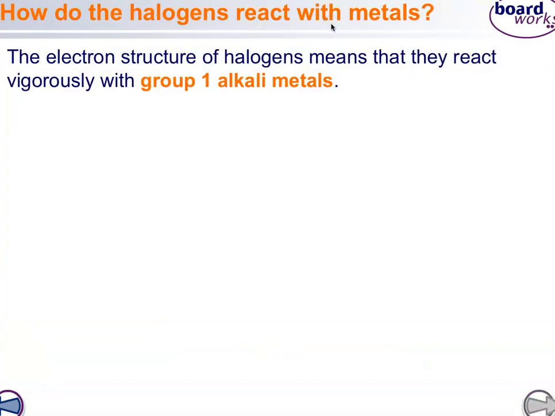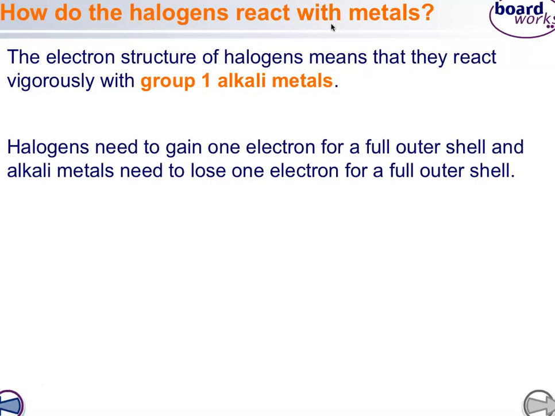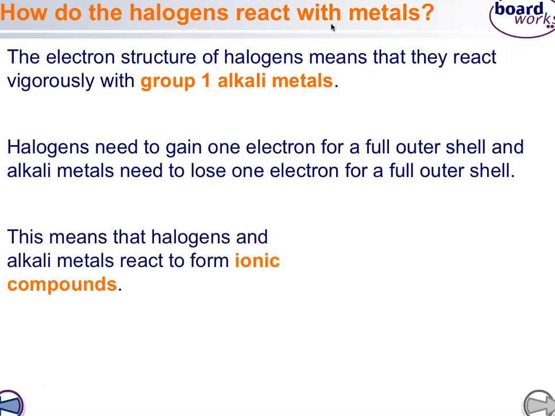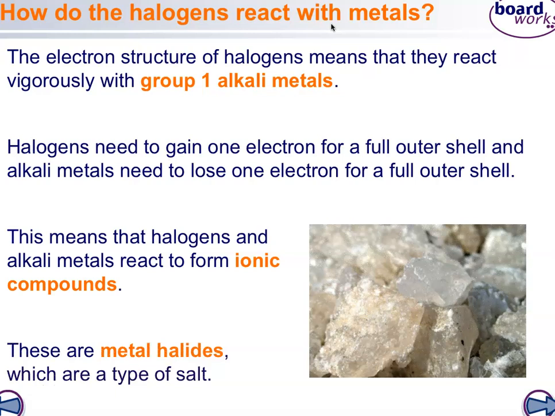Now, how do halogens react with metals? We learned with group 1 that they react with oxygen to form metal oxides. Let's look at how group 7 reacts specifically with the alkali metals.